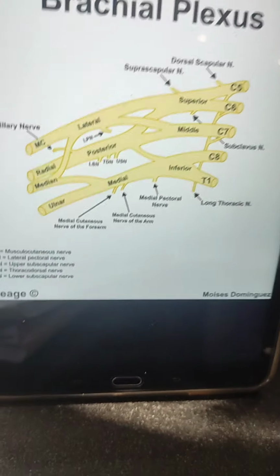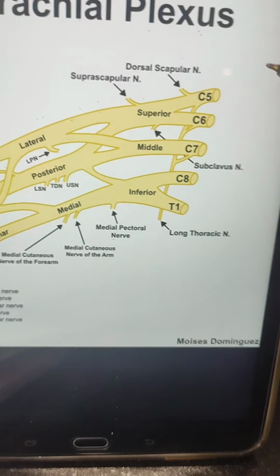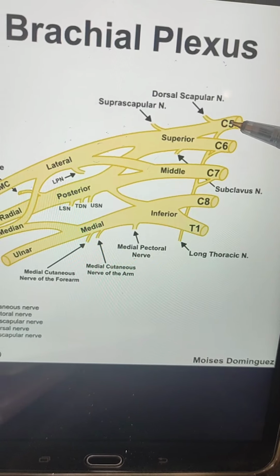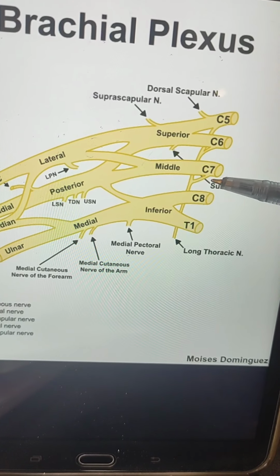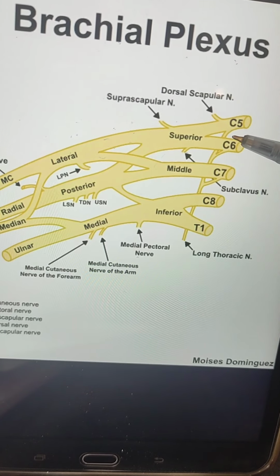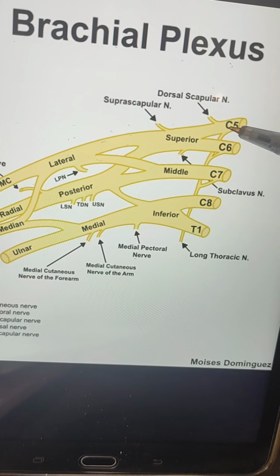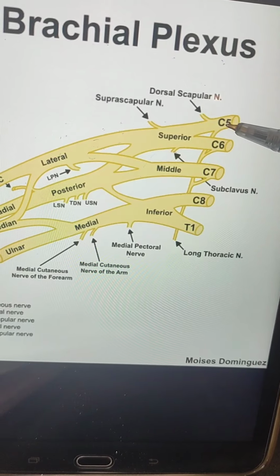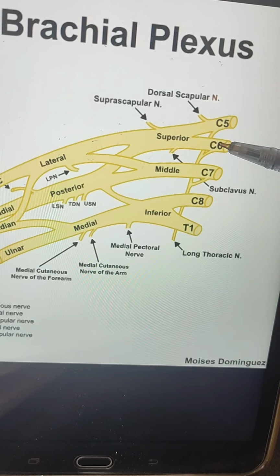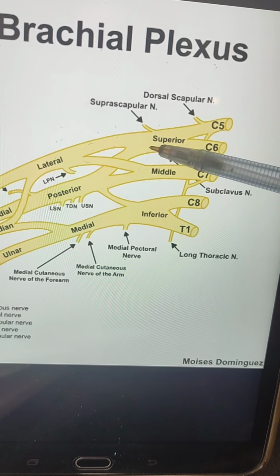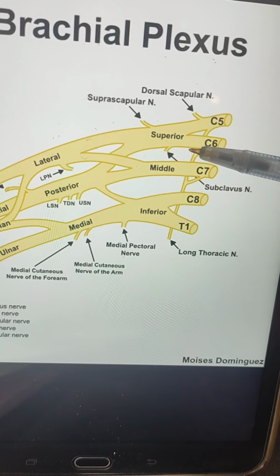If you can see this diagram here, we said that the root values C5, C6, C7, C8 and T1 are coming from the spinal cord and forming the brachial plexus. So of these roots, the first two, C5 and C6, will join and form the superior trunk or upper trunk.